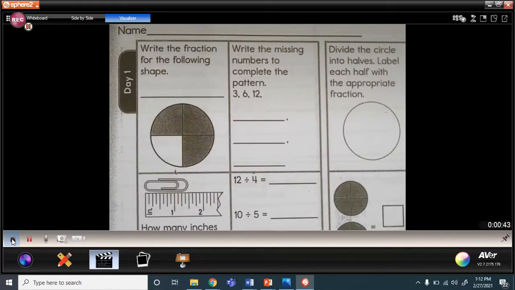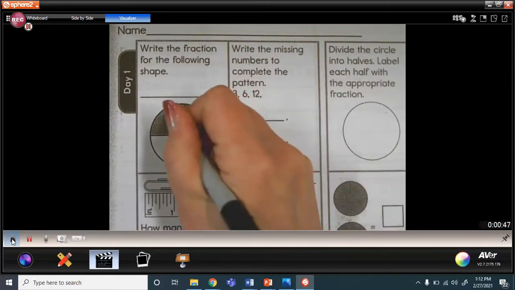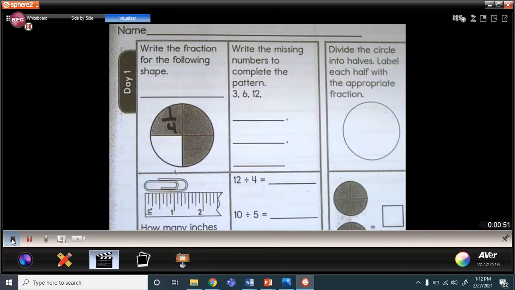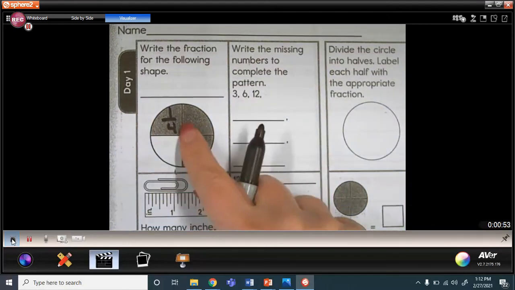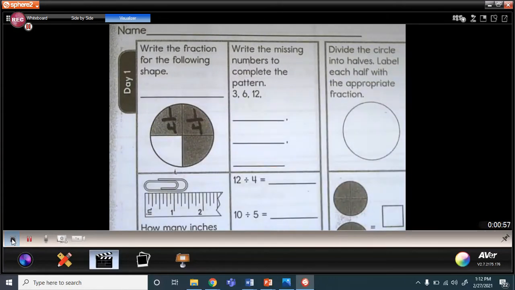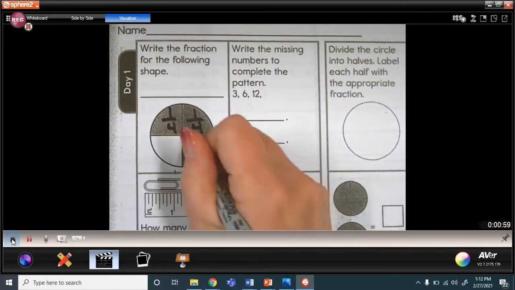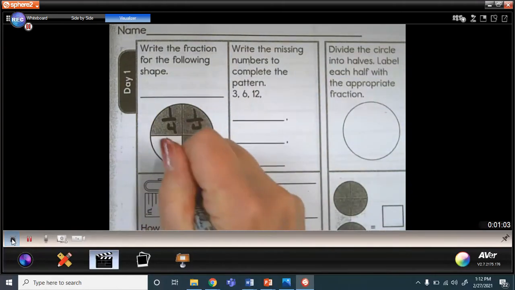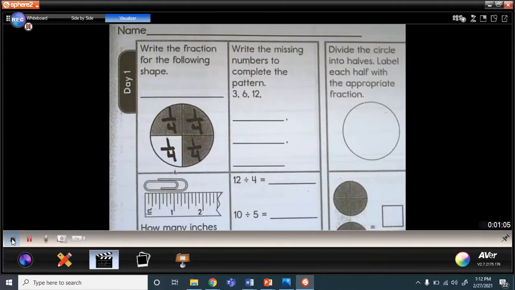We know that it's broken up into 4 equal pieces. And each one of those pieces is a unit fraction of 1/4. So this is 1/4 of my circle. This is also 1/4 of your circle. This is 1/4. And this piece right here is also 1/4 of the whole.